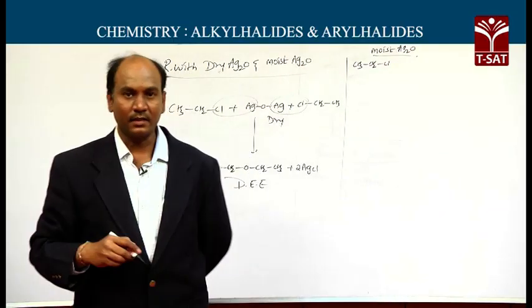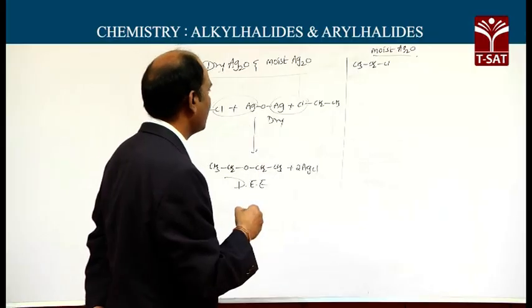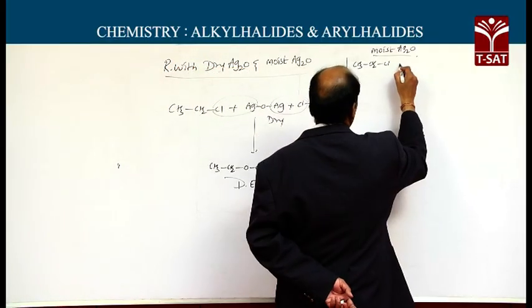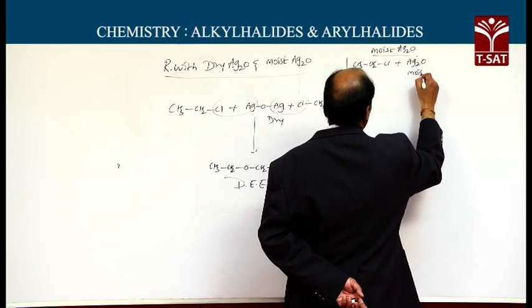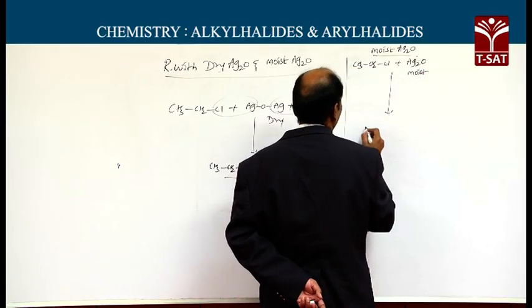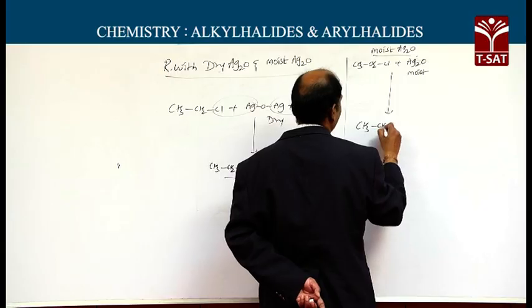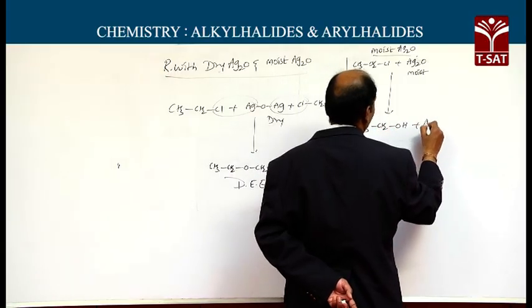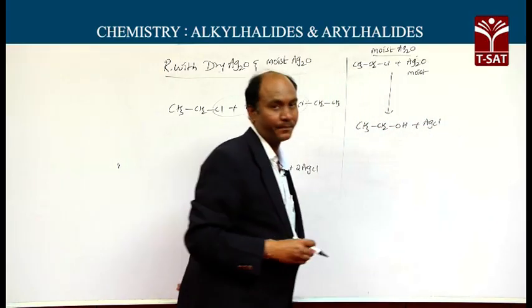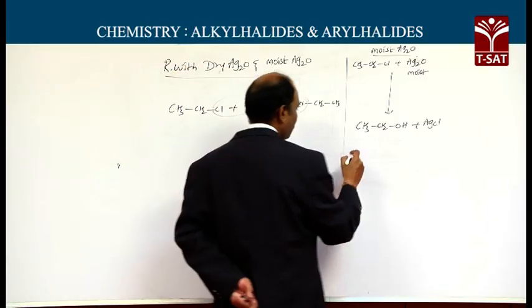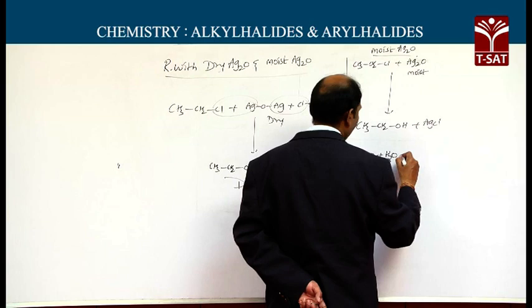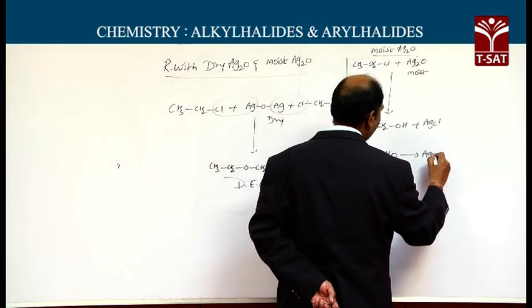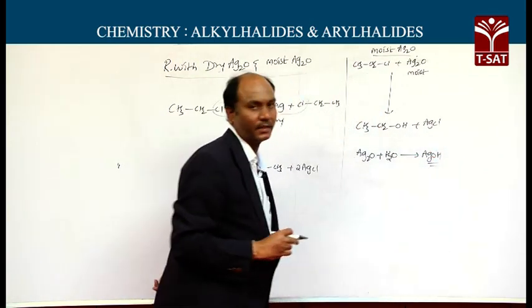Suppose this ethyl chloride, CH3CH2Cl, is treated with moist Ag2O. Here it is a dry condition, and this is a moist condition. With moist Ag2O, which has some water, it is converted into alcohol, CH3CH2OH plus AgCl. In moist Ag2O, Ag2O first reacts with water and is converted into AgOH, silver hydroxide.